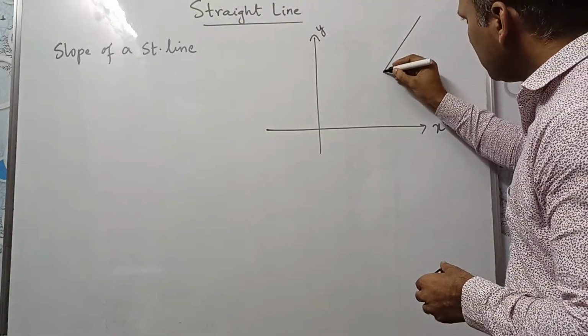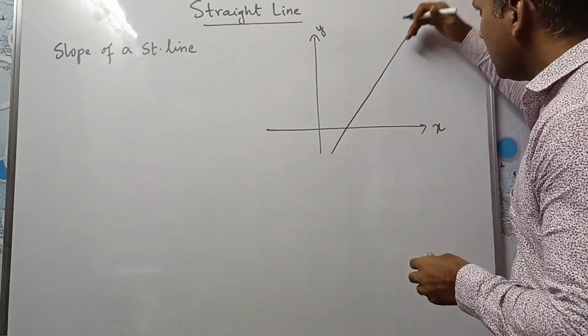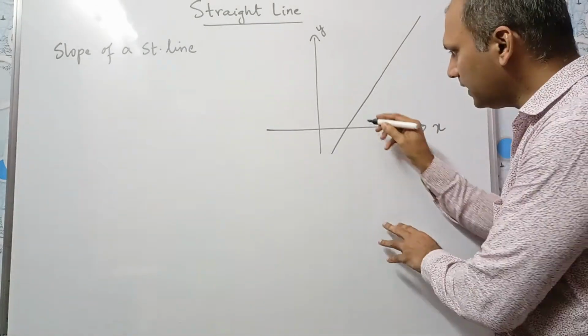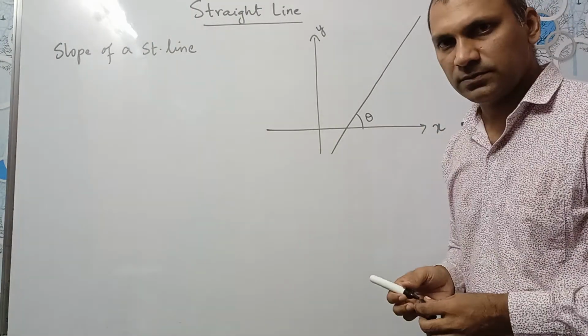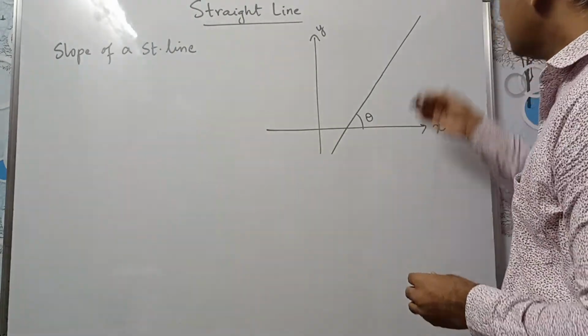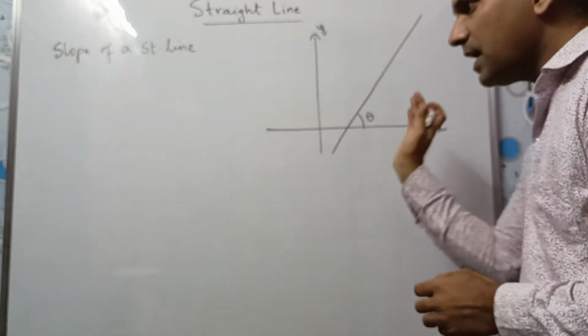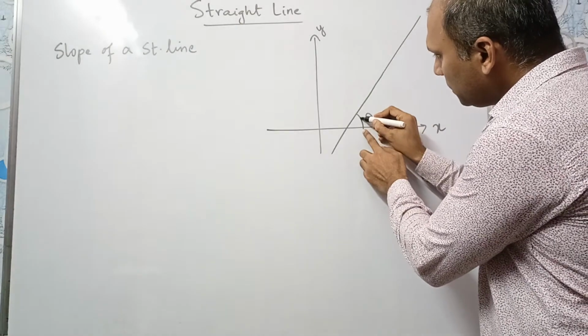If you extend this, this line is making some angle with the x-axis, right? Let us say that is theta. This line is making angle theta measured anti-clockwise. We should measure from here to here.